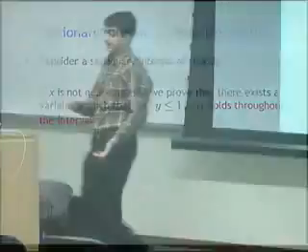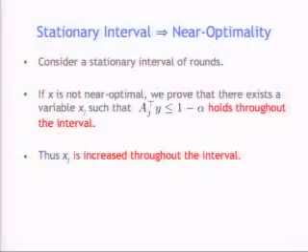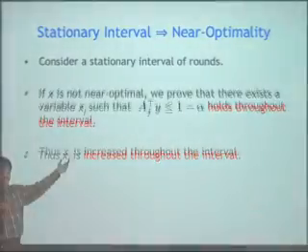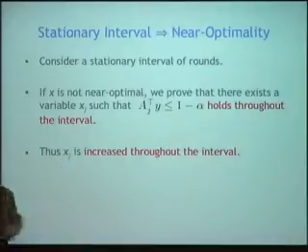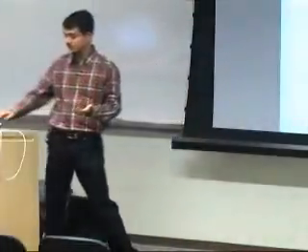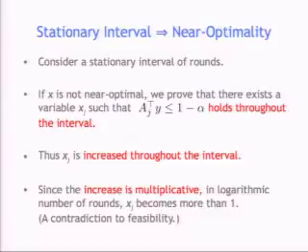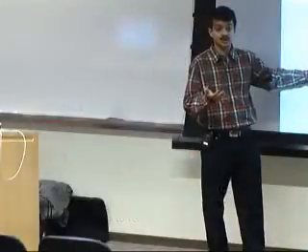And if such a thing holds, then from the definition of the algorithm, xj will be increased multiplicatively throughout the interval. But since the length of the interval is logarithmic, xj will become more than 1 soon, which would contradict the feasibility that we have already shown.